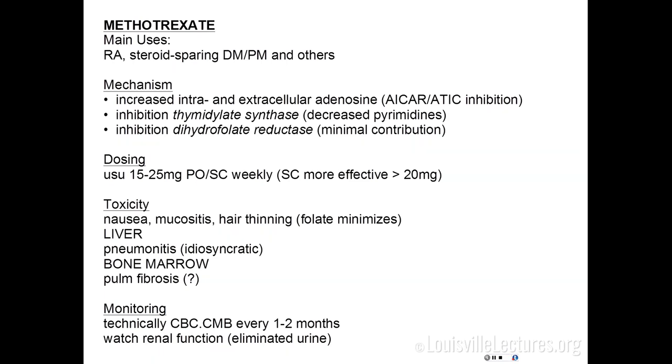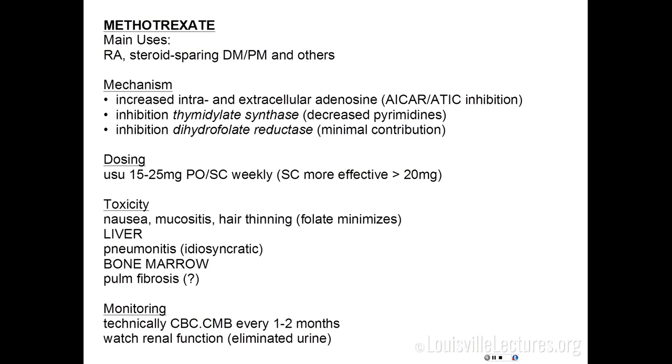Now, this pulmonary fibrosis is different from the pneumonitis. The pneumonitis is a real thing. It does happen. That's not controversial. Pulmonary fibrosis, if you ask a pulmonologist how many patients they have on methotrexate who have pulmonary fibrosis from it, they'll say, oh, a ton. If you ask a rheumatologist, they'll say, I don't have anybody.